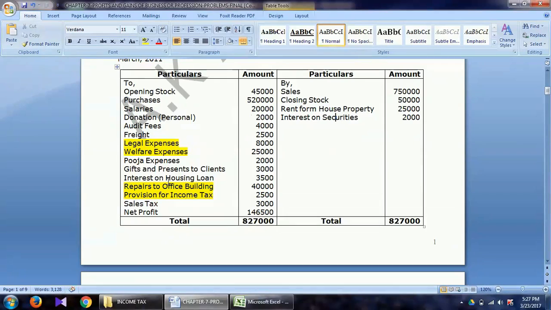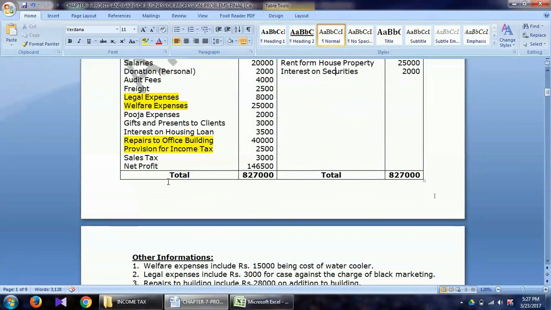Then comes the legal expenses. Legal expenses are business expenditure, and it has been given in the adjustment that legal expenses include 3,000 for the case against the charge of black marketing. Now the case is going on in the court. It has not been proven that you are guilty for black marketing, and any type of case can be continued against you.